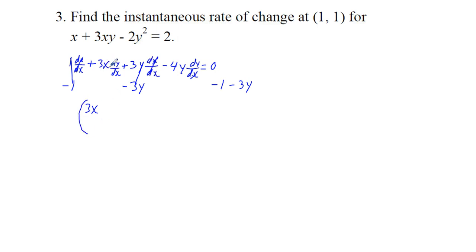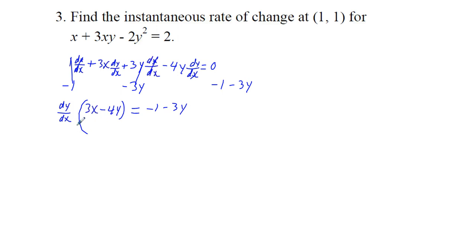So we're going to have dy/dx times 3x plus minus 4y is equal to negative 1 minus 3y.